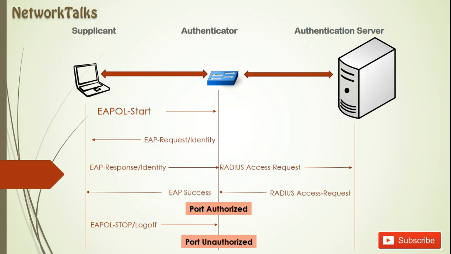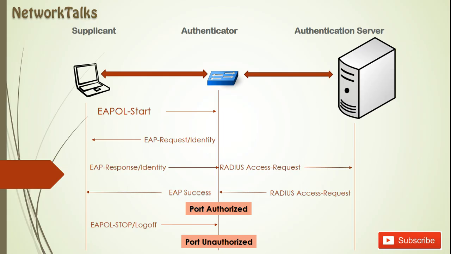The port remains in unauthorized mode during the authentication process. The authenticator sends an EAP request identity frame to the client and asks for its identity or credentials. Once that request comes to the supplicant, it responds with an EAP response which contains the credentials. It is referred to as an identity frame.